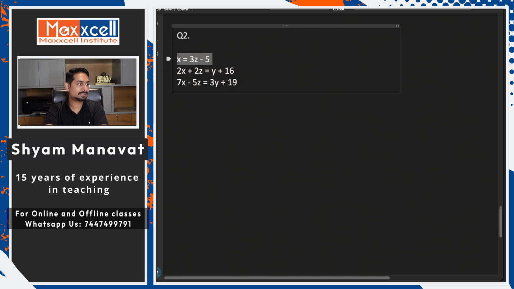X is already given in terms of z. If you substitute that in the next two equations, you will anyway eliminate x and you will have only y and z. And those two equations you can solve further, get the value of y and z. Z value you can substitute in equation number 1, you will get the value of x. Try this out and tell me what's the answer.